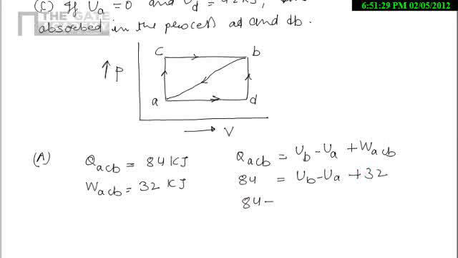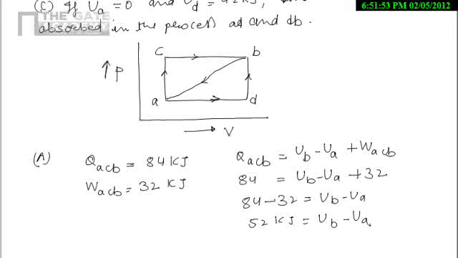So 84 minus 32, 52 kilojoule, I will get UB minus UA. So I already got the value of UB minus UA, that is 52 kilojoule.